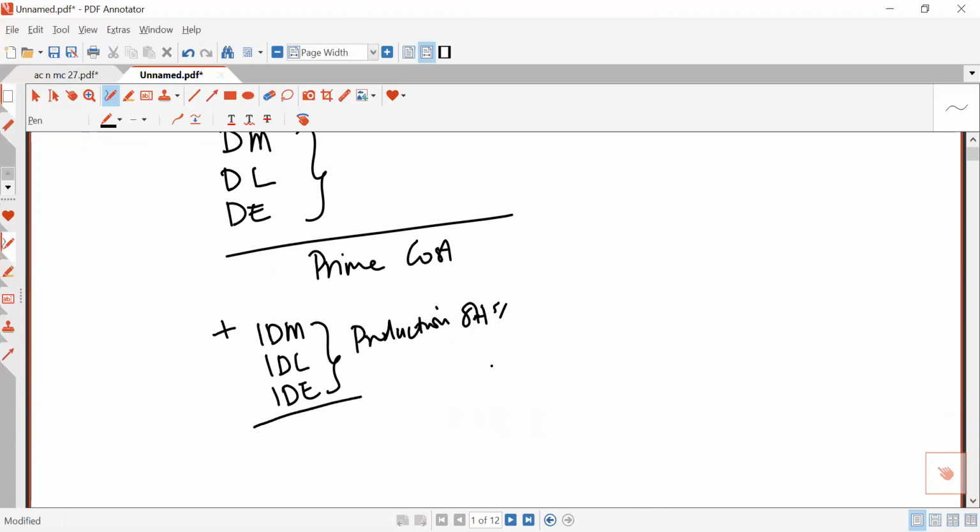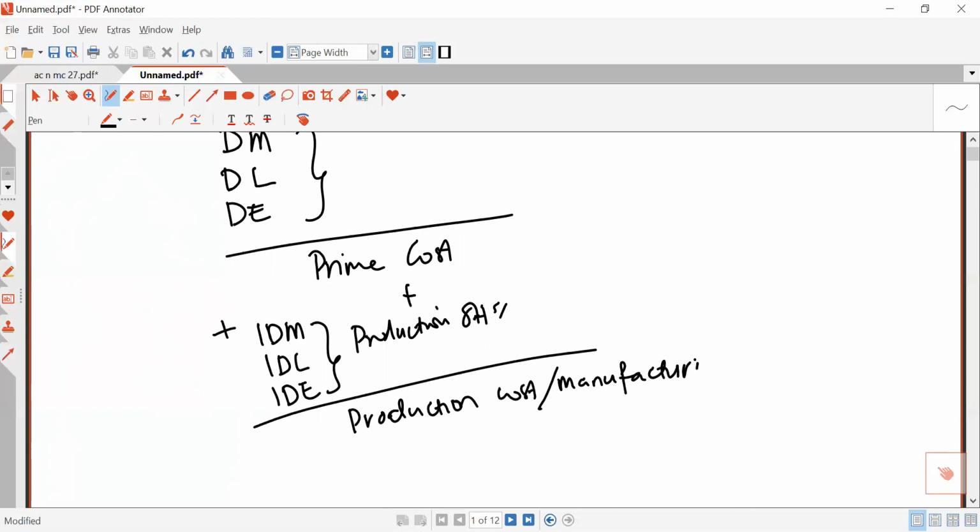When you add these two, you will get production cost, or you can also call it manufacturing cost, or another name can be factory cost.